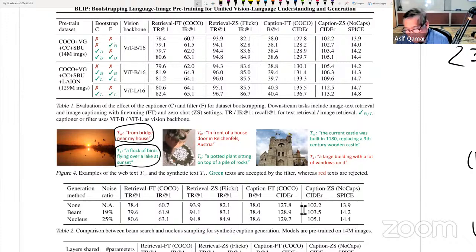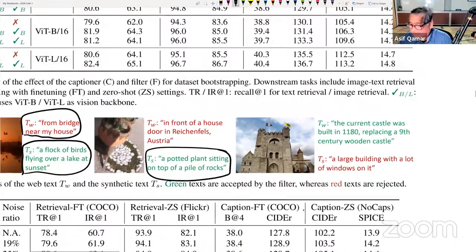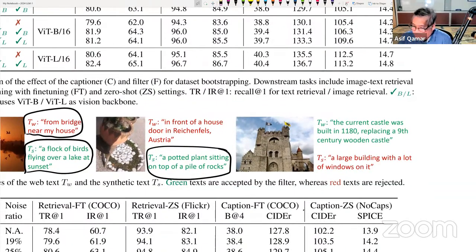So would you agree that the second caption, the machine generated caption, is better? This is better, right? And in the third image is a little bit, that's where you realize that sometimes the original context is better. The current castle was built in 1180, replacing a 9th century wooden castle.